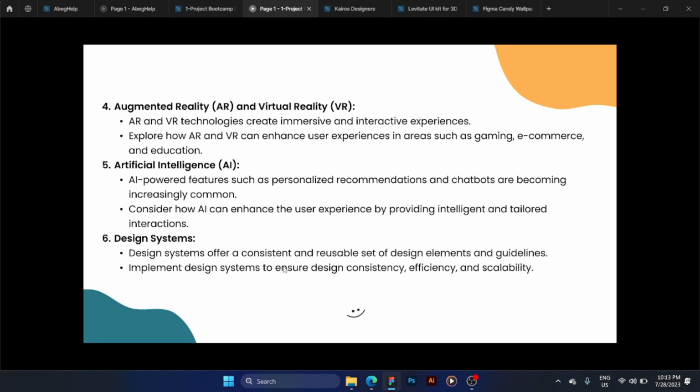Another thing is augmented reality, AR, and virtual reality. AR and VR technologies create immersive and interactive experiences.